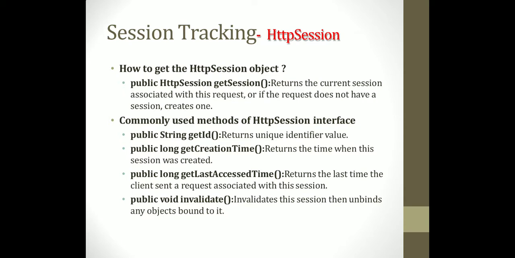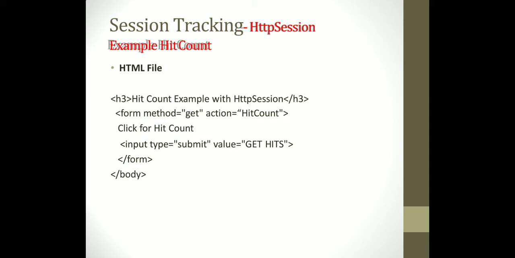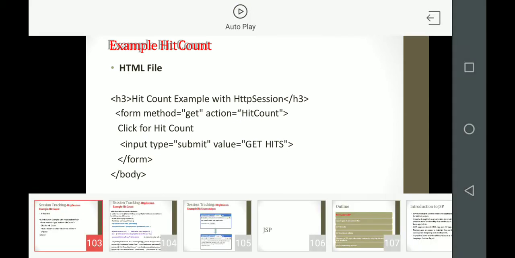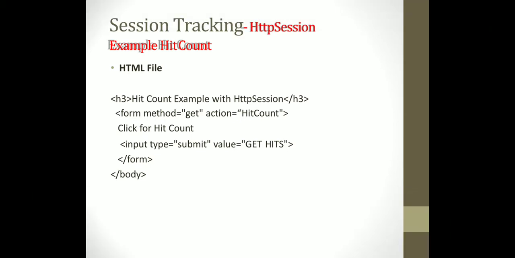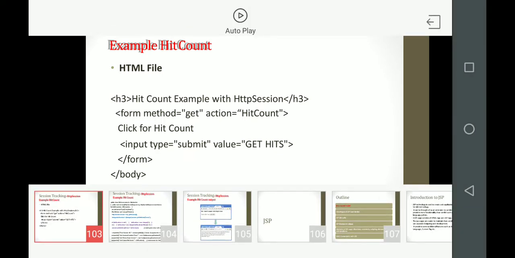Commonly used methods we have also seen: string getID, public long getCreationTime, public long getLastAccessedTime, public void invalidate. All these things we have seen with HTTP session, and the example also with an HTML file.